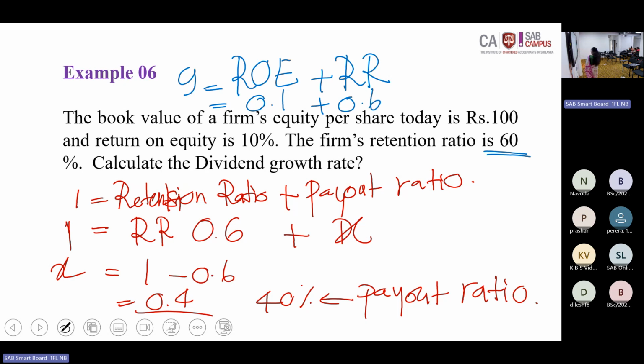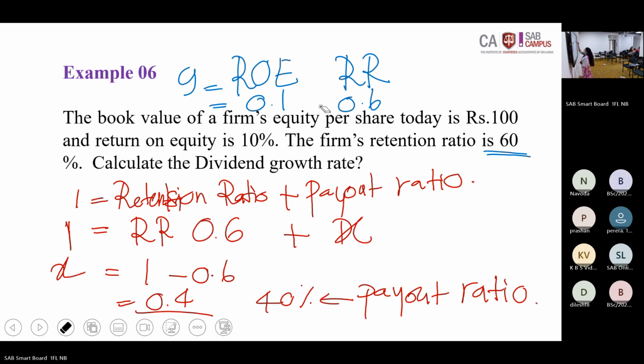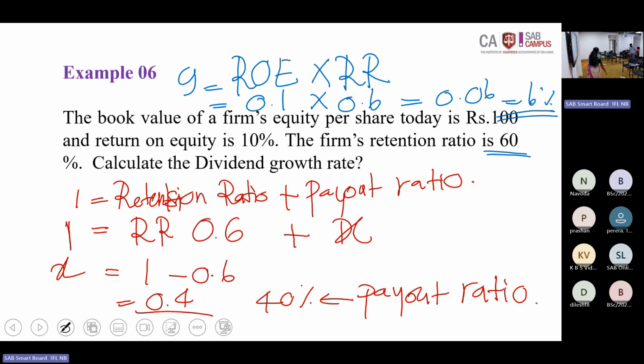If you multiply 0.1 with 0.6, the growth rate is 0.06 or else 6%. Therefore, the dividend growth rate is 6%.